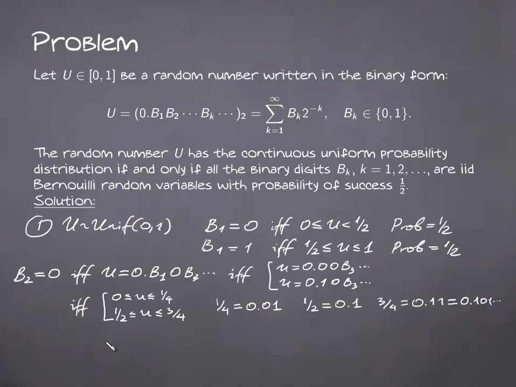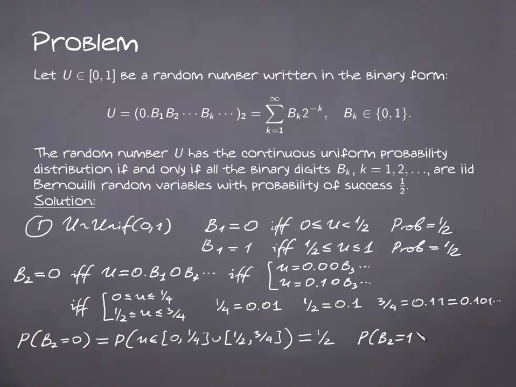So what is the probability? The probability that b2 is 0 is equal to the probability that u belongs to the union of two intervals, from 0 to 1/4 and from 1/2 to 3/4. The total length of these two intervals is 1/2. Since there are only two possibilities for b2, the probability that b2 is 1 is also 1/2.